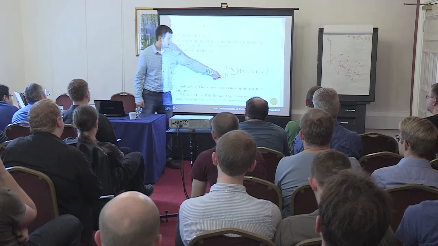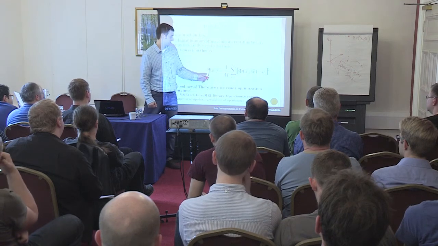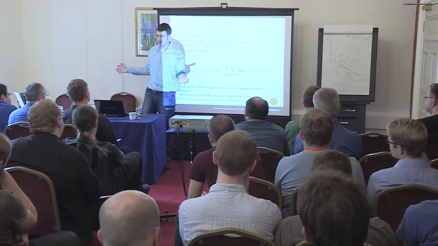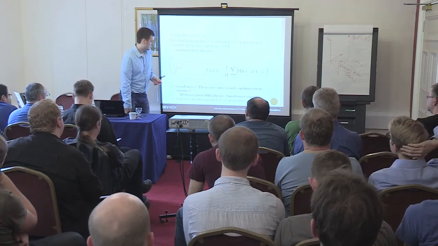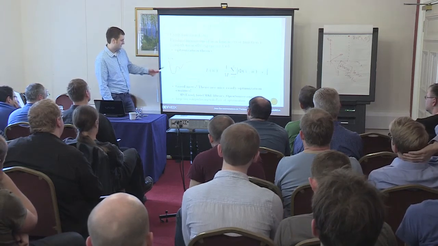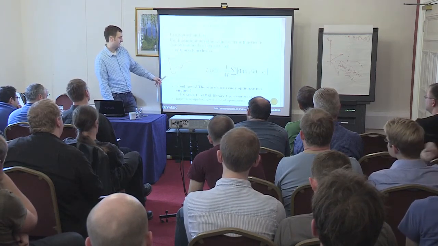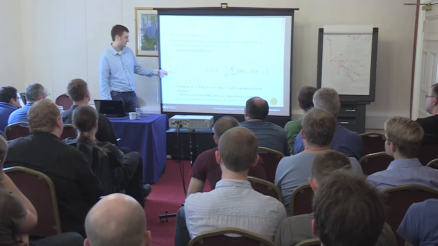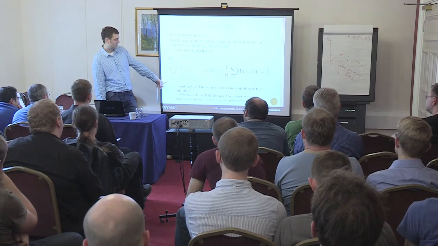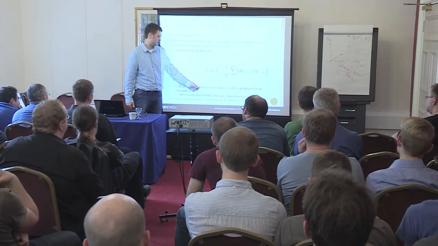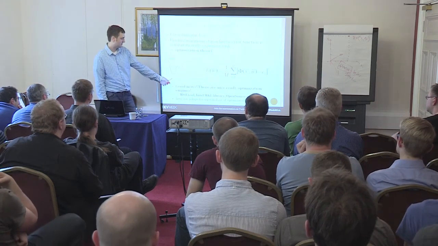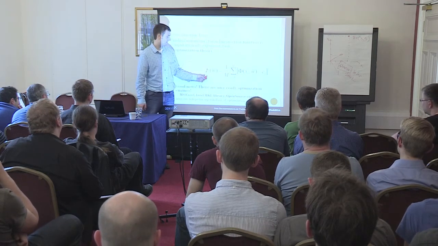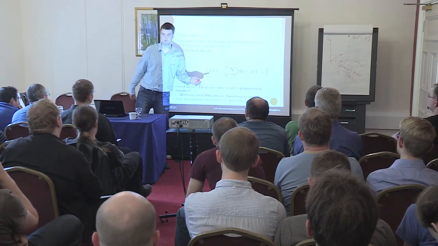Now after we made up this function E, from the word error, of course, suppose we would be able to represent it as a curve. We would be willing to find such a position of w where this error function has its minimum.